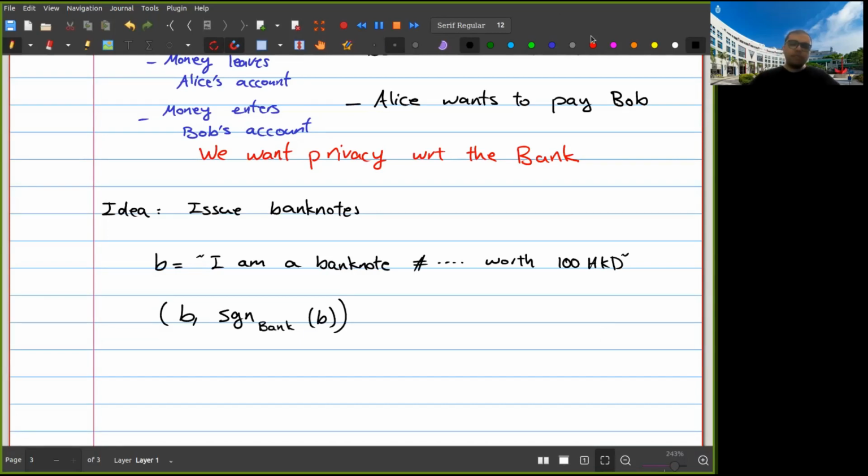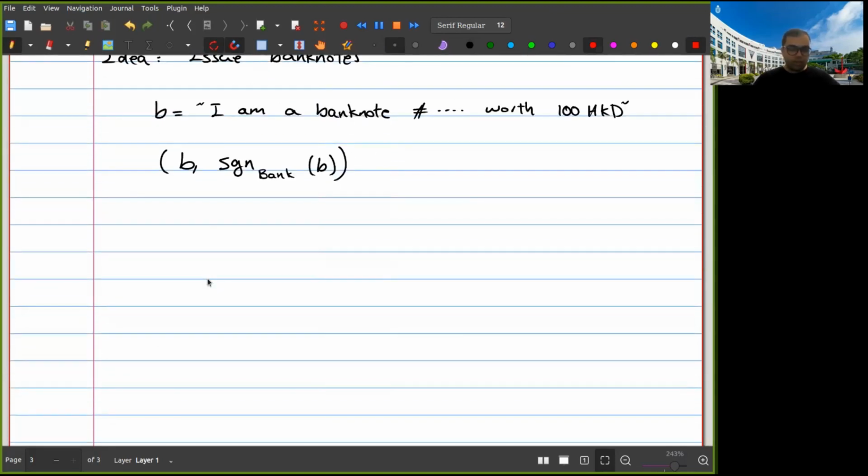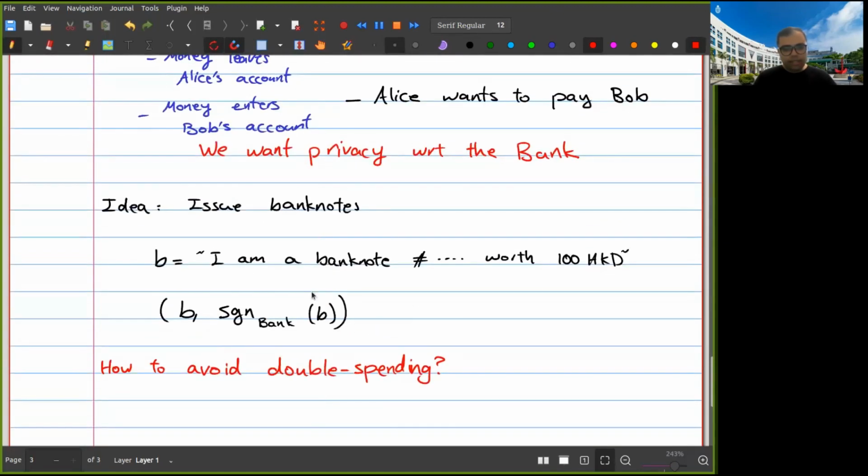Now, of course, we have to solve the problem of double spending. So how to avoid double spending? Because, of course, in this case, Alice can just take this banknote from the bank.